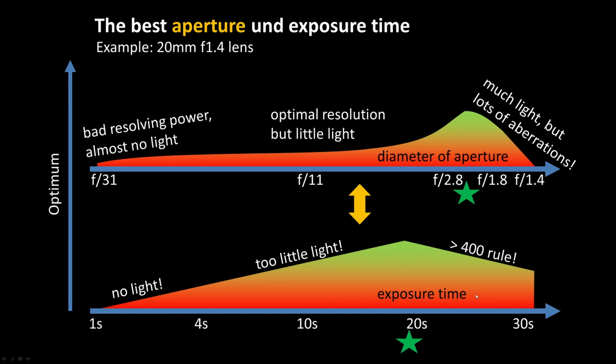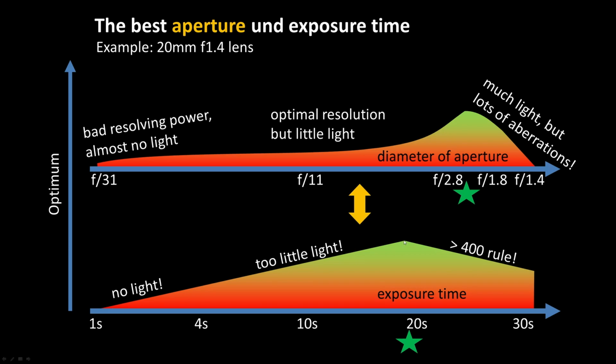I can do the same thing, of course, for exposure time. There it's rather obvious. If you expose very short, it's not optimal. You have almost no light. Then you increase the exposure time and you get more and more light. But at a certain time you don't get anything more out of exposing longer, because you start to have little star trails on your sensor, and the images of the stars are not getting brighter anymore, but are getting smeared into star trails.